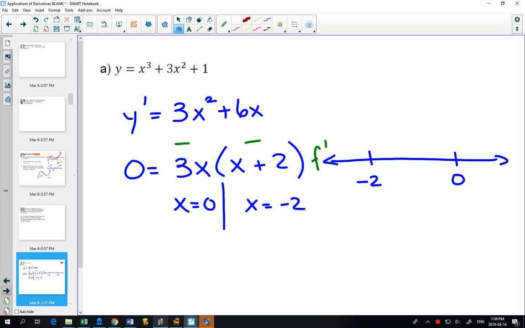And a negative times a negative is positive, telling us this section of our graph is increasing. Then, if I plug in a number between negative 2 and 0, like negative 1, this section's still negative, but this section, when I plug in negative 1, will be positive. A negative number times a positive number is negative, so now it's decreasing. And finally, if I plug in something larger than 0, both of those factors will be positive, so it's increasing again.